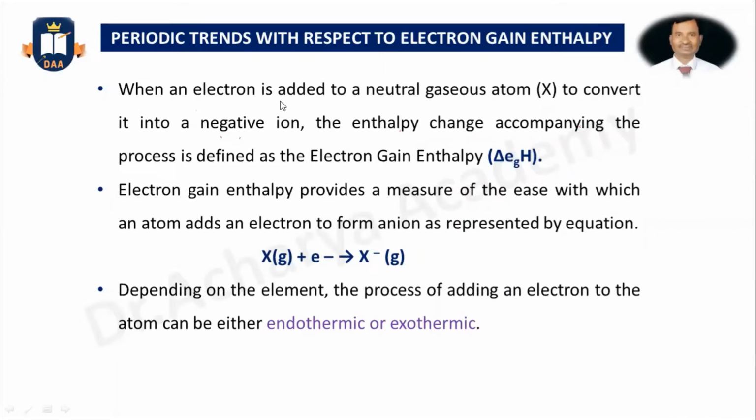When an electron is added to a neutral gaseous atom to convert it into a negative ion, then the enthalpy change accompanying the process is defined as the electron gain enthalpy.